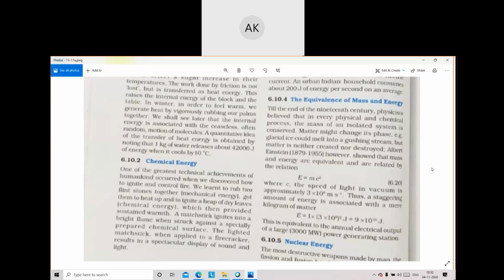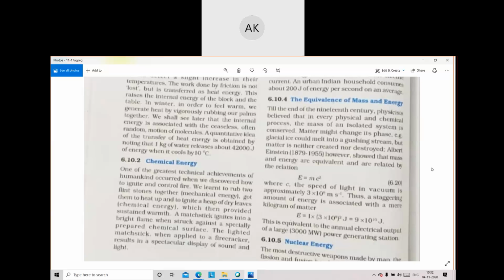Then after the reaction, that means after the combination, when helium is formed, you find the mass of helium. The product mass also you find, and you can see there is some decrease in mass in the product. Product mass is going to be less than the sum of the reactants' mass. Why? What happened to that mass?